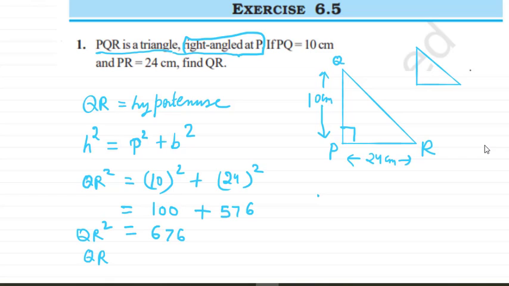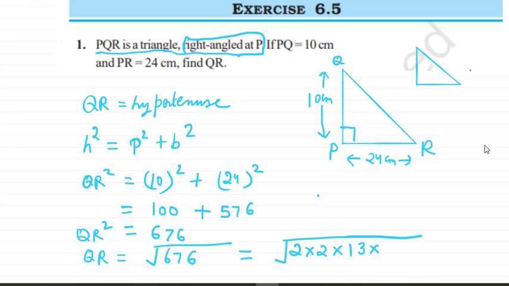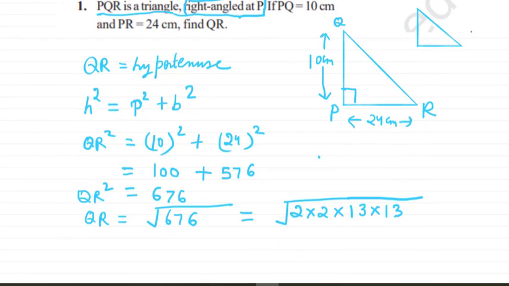So now QR can be written as root over 676. Now here we will find the prime factors of this. If you find the prime factors, you will get 2 into 2 into 13 into 13. So here you can also write it as 2 square into 13 square.